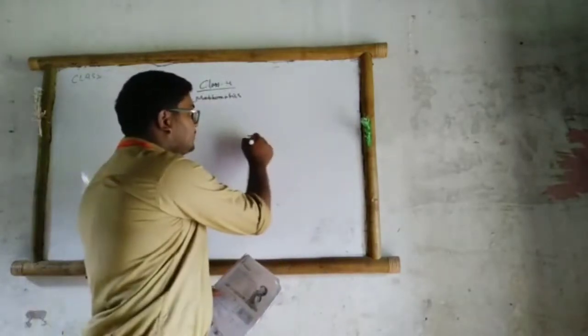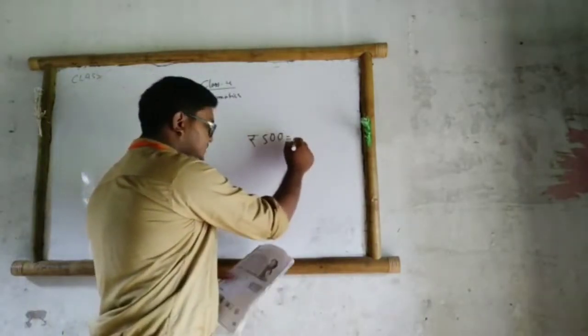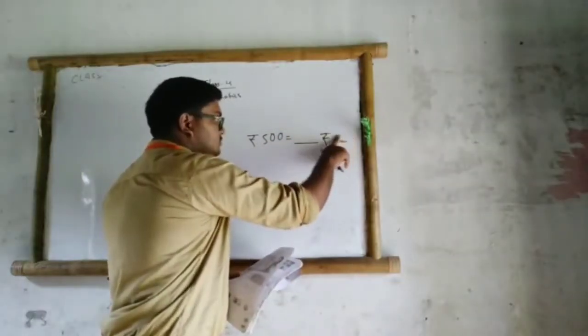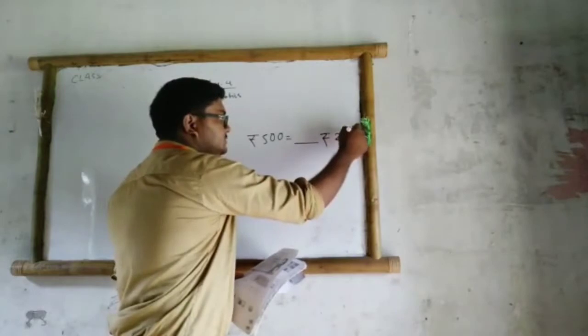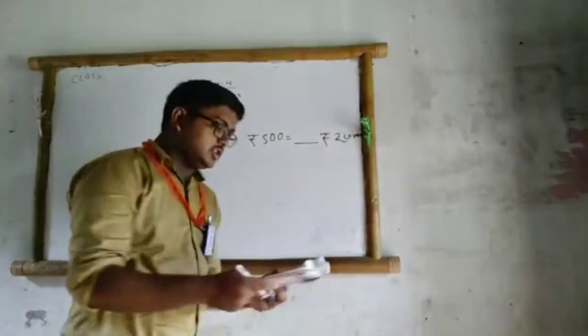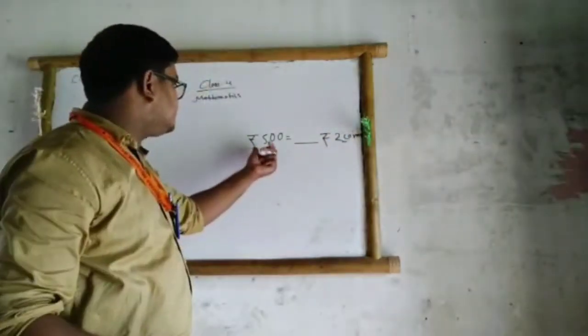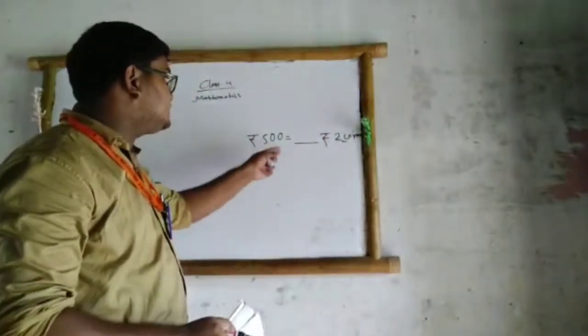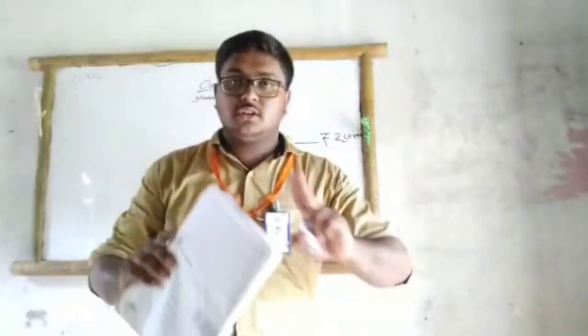Rupees 500 is equal to dash rupees 2 coins. In this side there is rupees, and there is also rupees. That's why there is no need to convert this 500 into paisa.